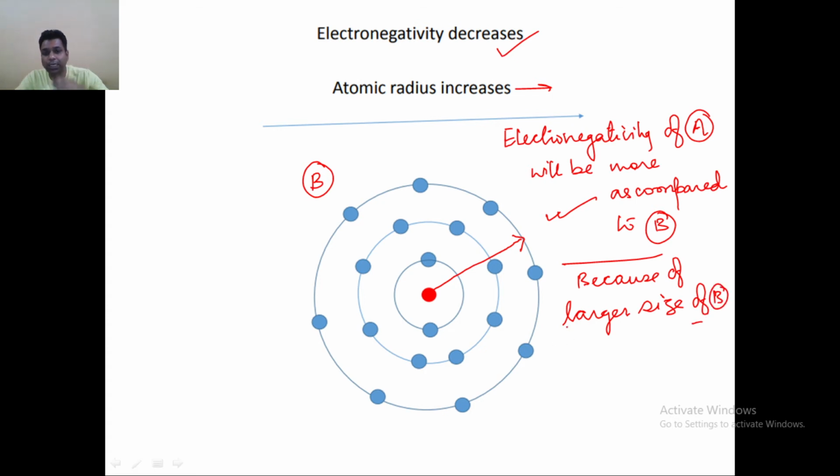So in a nutshell, you can understand the game is about the size, and more precisely, the nucleus is playing a very vital role here, because it all depends on the nucleus and the nuclear force. If the atom has a larger size, nuclear force will be lesser, so the electronegativity will decrease.